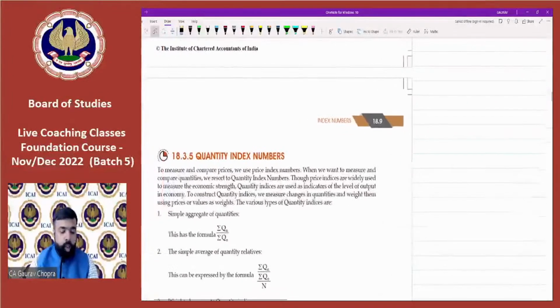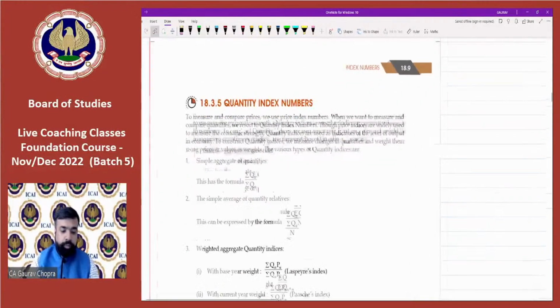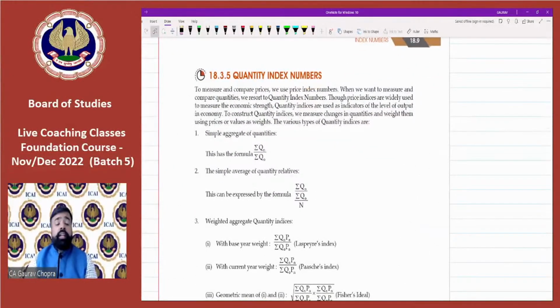Now comes the quantity index number. Just as we have done the price index number, similarly, we can calculate the quantity index number also. The quantity index number will be denoted as Q01. What is the basic formula?